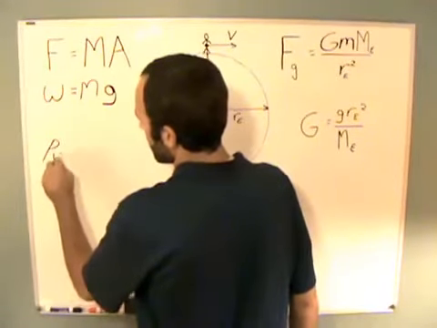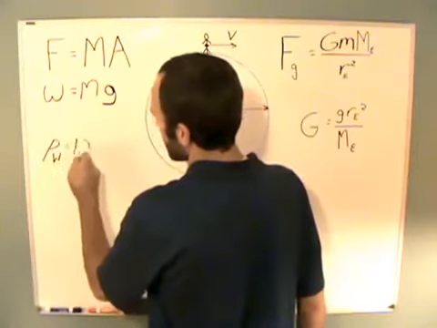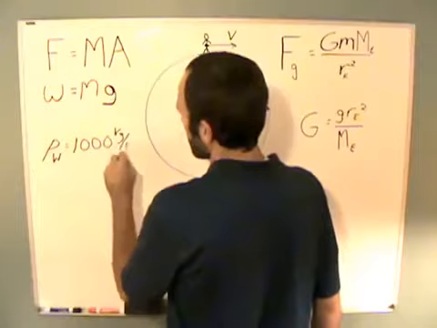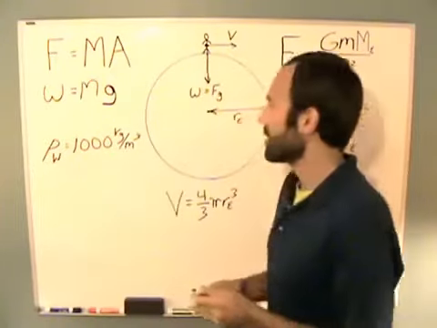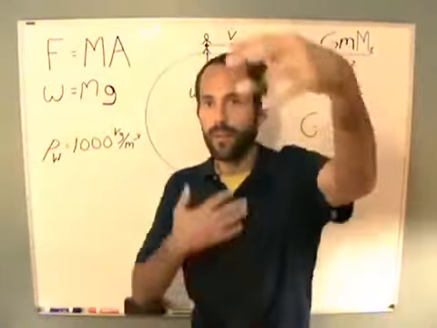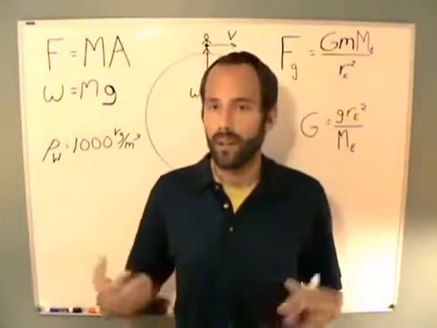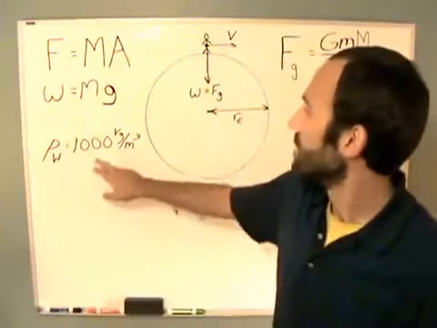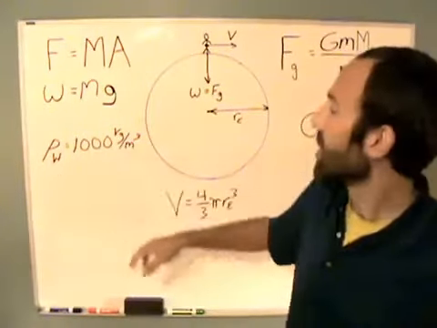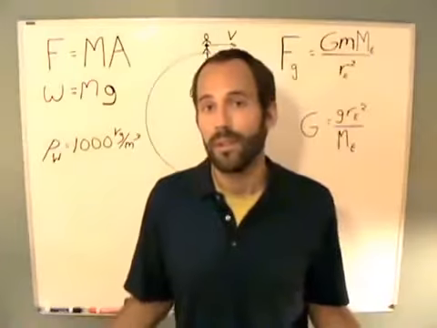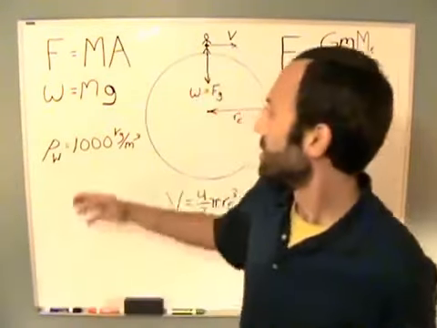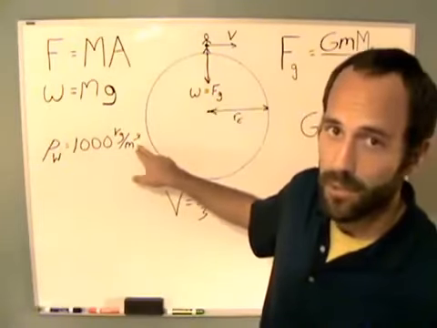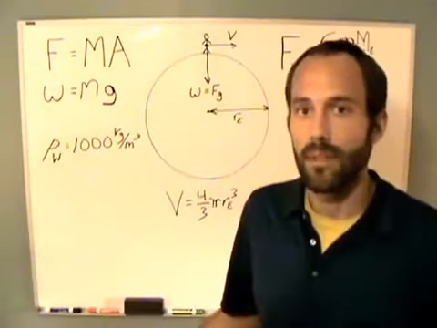Rho water is equal to 1,000 kilograms per meter cubed. What that says is if you have something that holds a cubic meter of water, it weighs 1,000 kilograms. If you have something that holds 2 cubic meters of water, you say the density of water 1,000 kilograms times 2 cubic meters. You see the cubic meters would cancel. You get 2,000 kilograms is how much it would weigh.